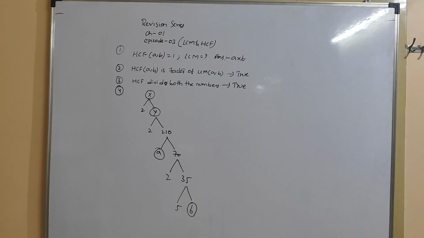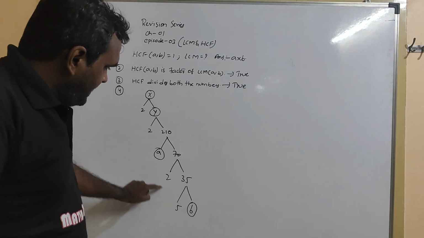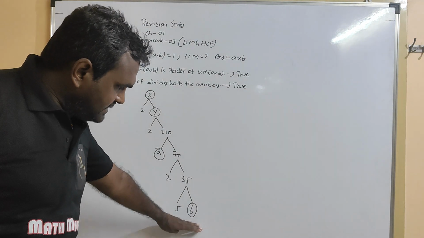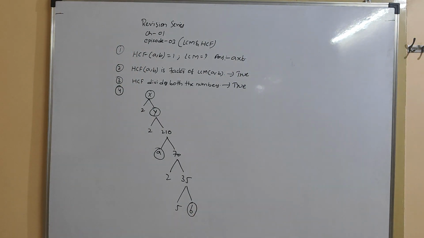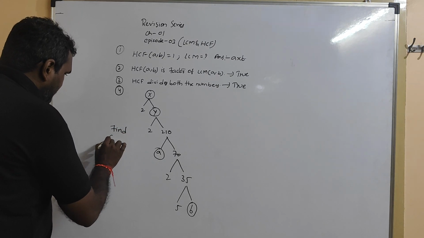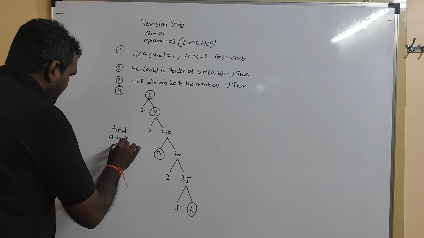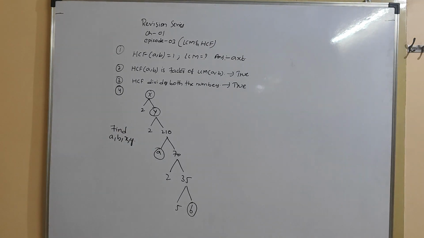Why I said prime factorization is, whatever numbers you write, those all have to be prime numbers only. If this is the last step, this number also has to be prime. Remember that. Now see what they are asking: find a, b, x, y. We will find these values step by step.